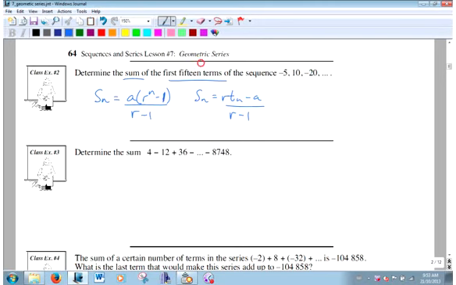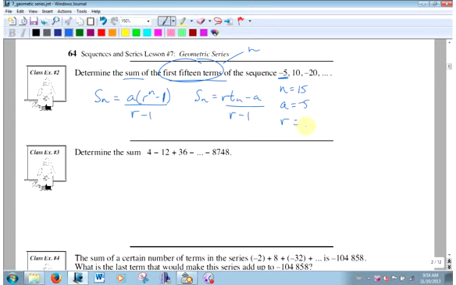Okay, what do I got? What's this mean? I've got 15 terms. What's a variable for that? Is that a, r, n, t_n? That's definitely n. So I know n is 15. What else do I know? Well, there's a. Don't know r yet.